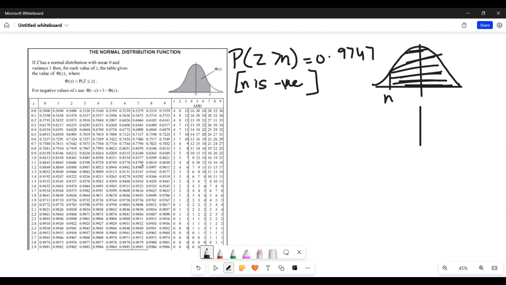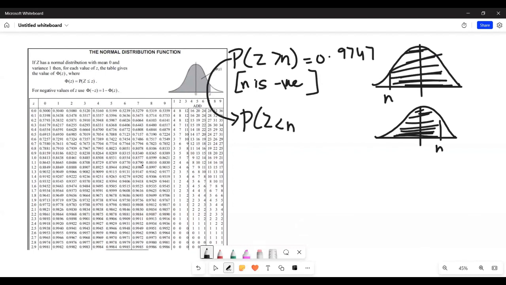Instead, what we'll do, we will find this area or this probability using the table. So we can say probability Z is less than n would be the same, 0.9747. And then we'll get an n and then we'll make it negative.